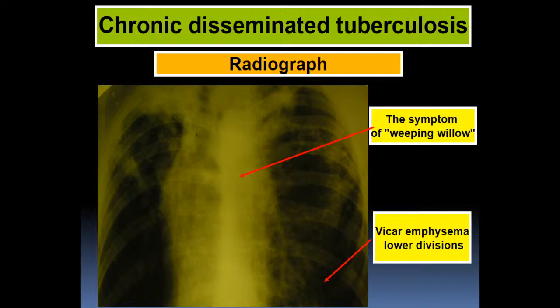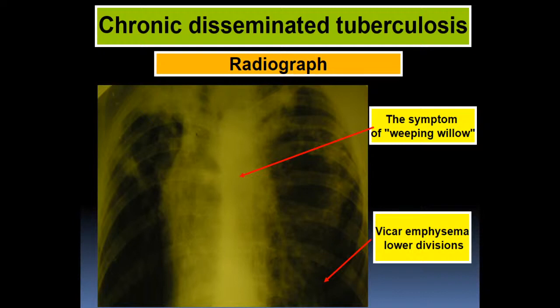On this X-ray, also many focal shadows of different density, different sizes, more in upper parts of lungs. Heart shadow shifts to the upper and to the right side on this X-ray.